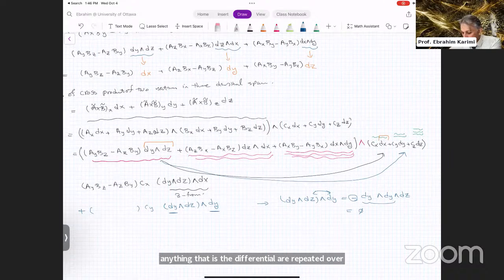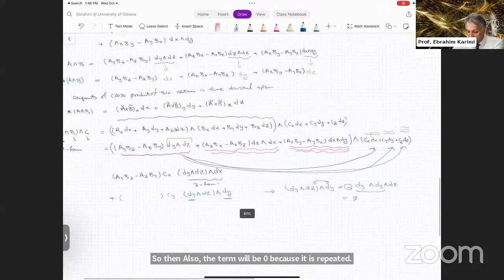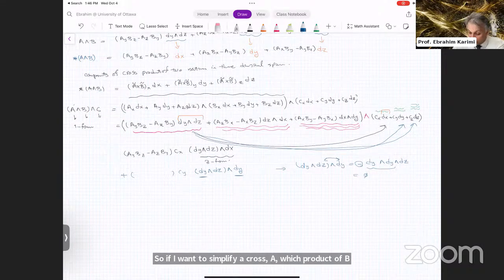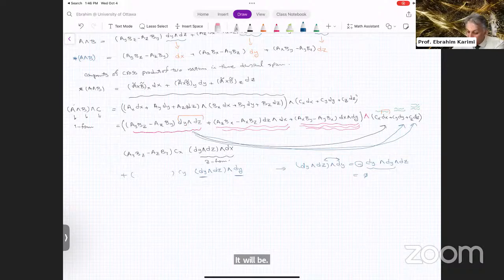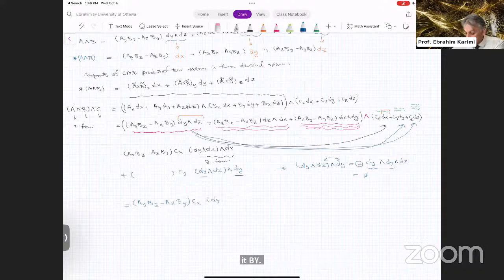So then also the third term will be 0 because z is repeated. So if I want to simplify A wedge B wedge C, I will only get these terms. The first one that I have written here will be (AY BZ minus AZ BY) of CX, times dy wedge dz wedge dx.